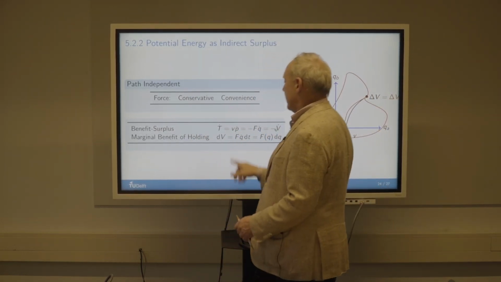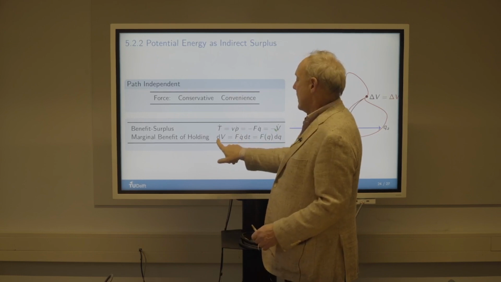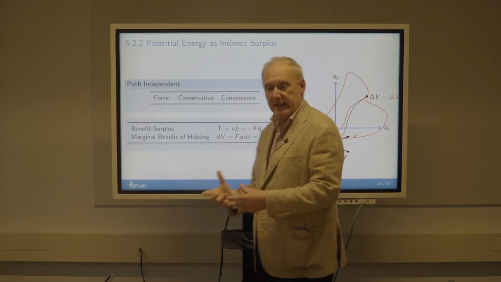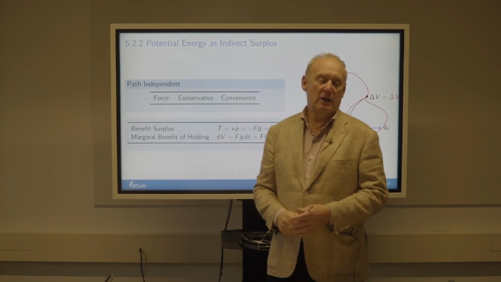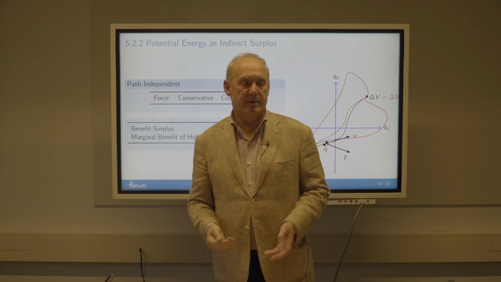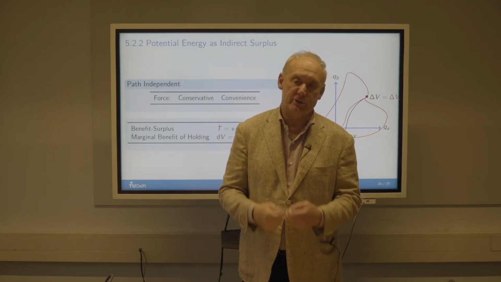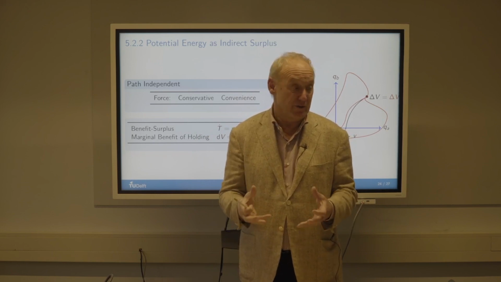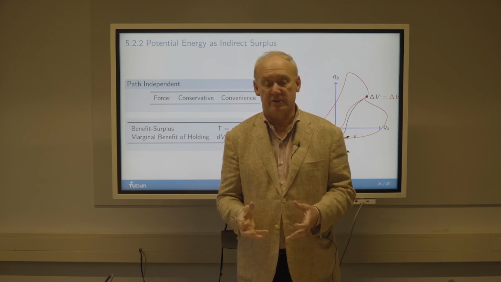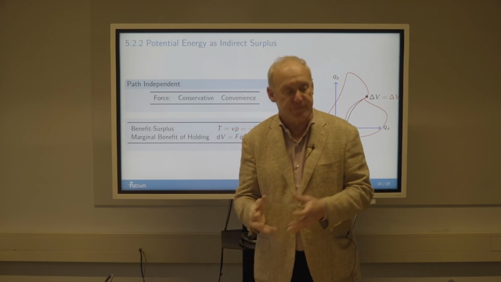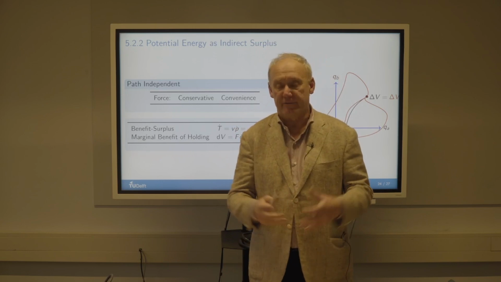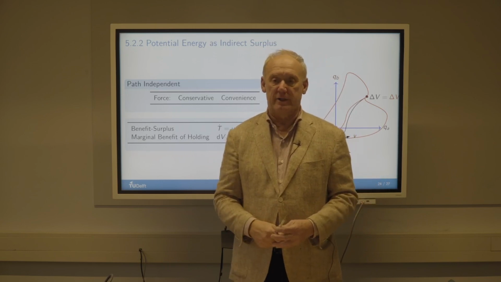So you can think of this as the marginal benefits of holding. There are some benefits of holding something, and that's one way to describe it. That's the work you have to do. That's the benefits you have to pour into that storage jar, because that's not going to give you the total benefits of holding. So that's the difference between the convenience, which is a force, and the benefits you derive from having that in storage.